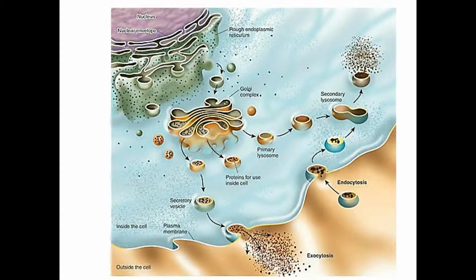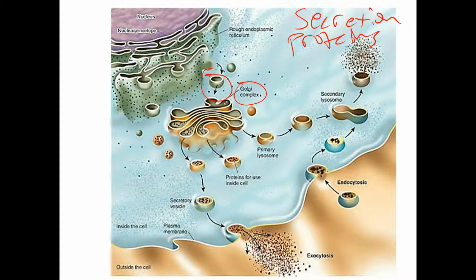Alright, so this is giving you an overview of the endomembrane system. Your endomembrane system is all about secretion of proteins. It all starts with the messenger RNA coming out of the nucleus. That messenger RNA is going to be translated into a protein along the ribosomes that are studded on the surface of the rough ER. That protein is then going to be transported through a secretory vesicle to the Golgi body.